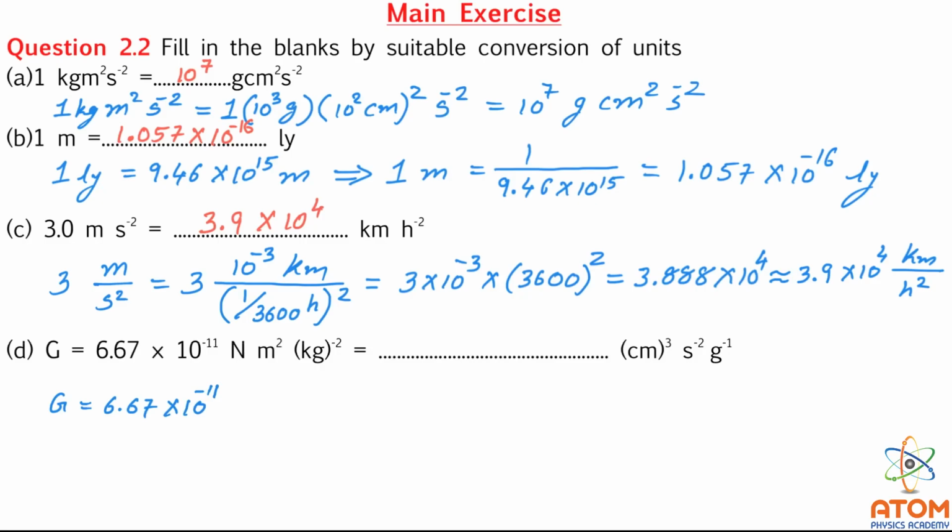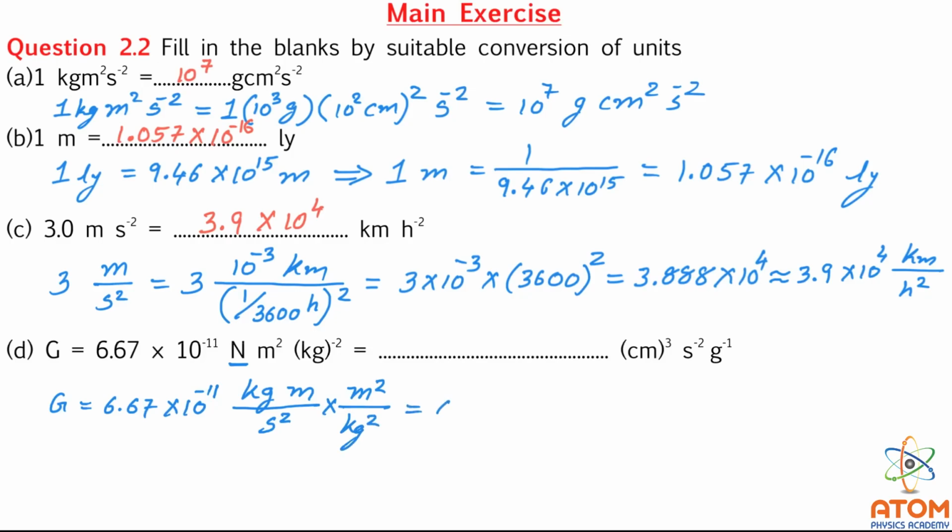Now here one thing is important. This Newton is basically a derived unit, and Newton is equal to kilogram meter second inverse square. So I am going to put here kilogram meter upon second square at the place of Newton, and the remaining is meter square and kilogram square as well.